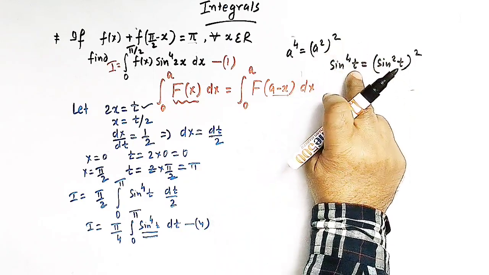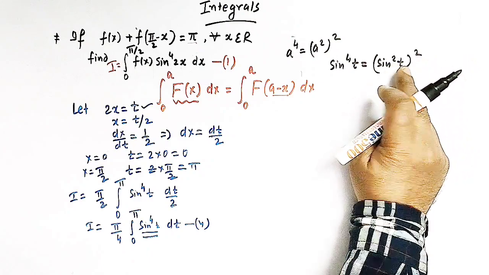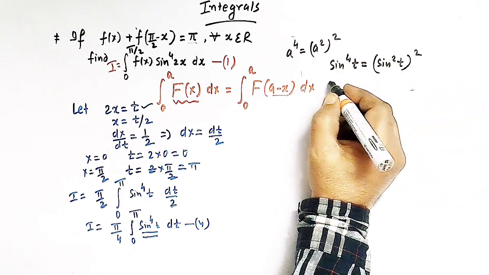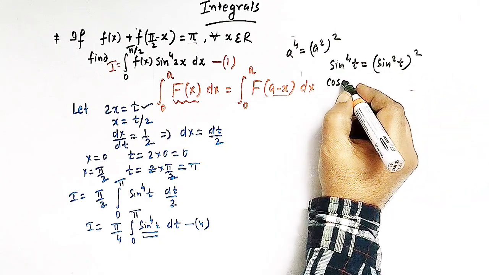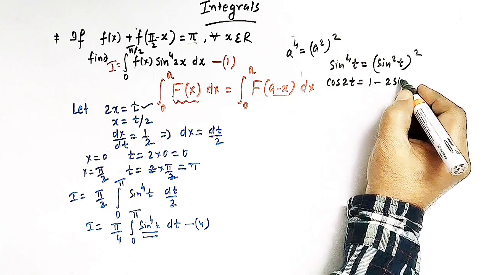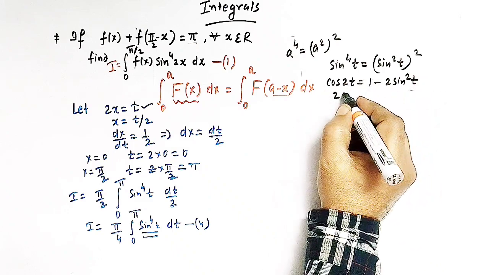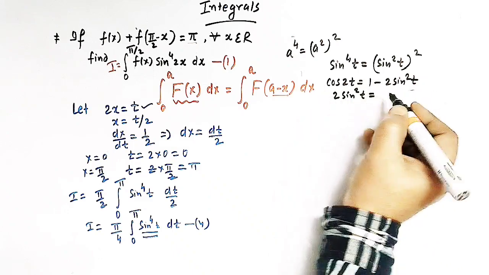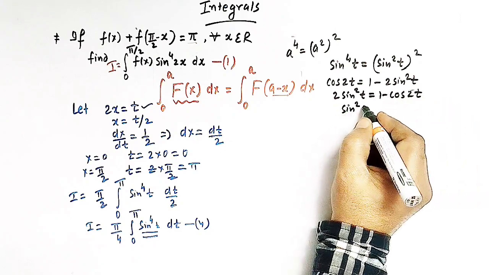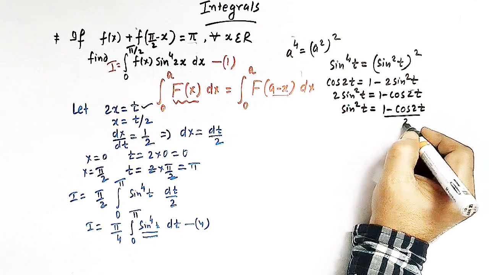So let us write sine t raised to 4 as the square of sine square t, and let us make use of the double angle formula for cosine function, that is cos 2t is given by 1 minus 2 sine square t, and if we rearrange the terms, then we get 2 sine square t is equal to 1 minus cos 2t, and sine square t is equal to 1 minus cos 2t divided by 2.